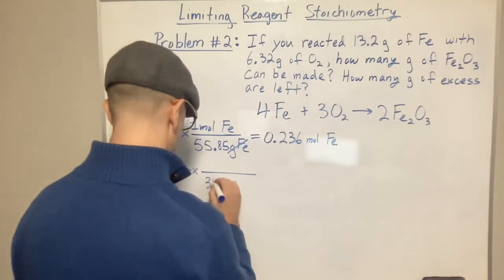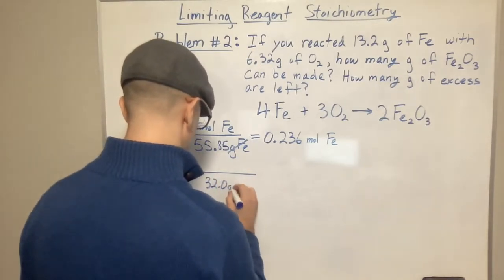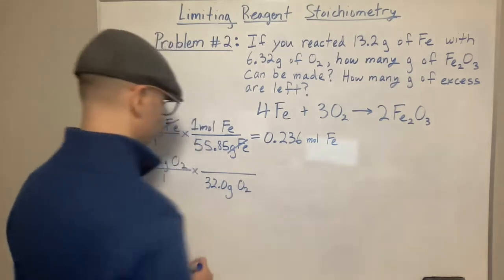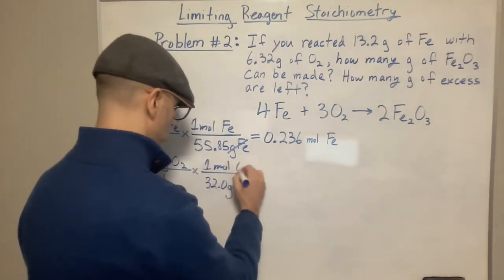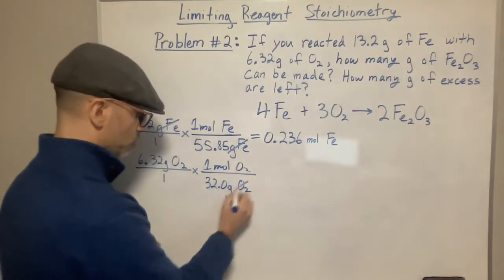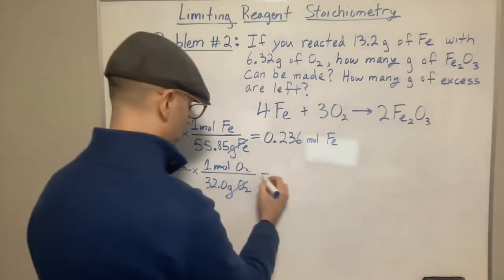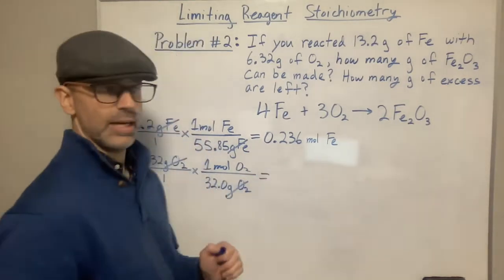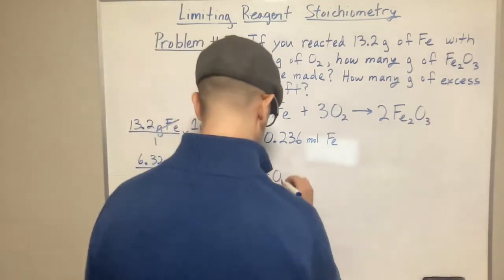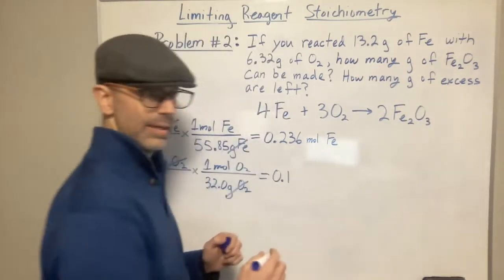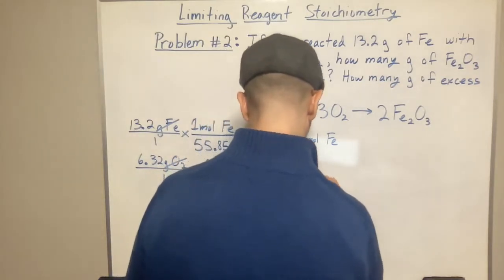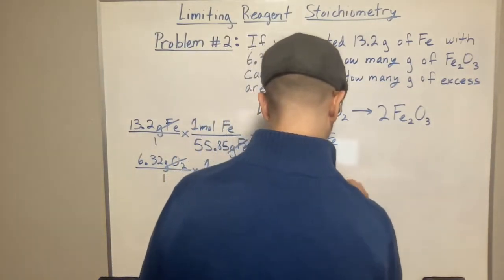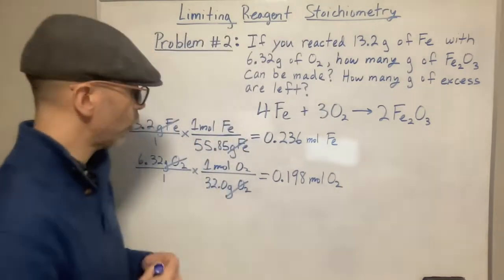So I have 32.0 grams of O2 on the bottom, 1 mole of O2 on top. So grams cancels out. And when I calculate this out, I get 0.198 moles of O2. So that's the first step.